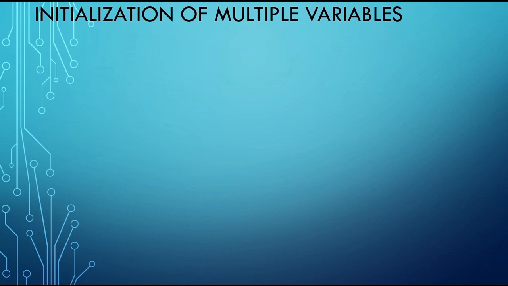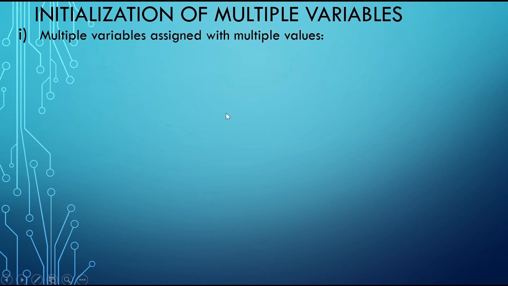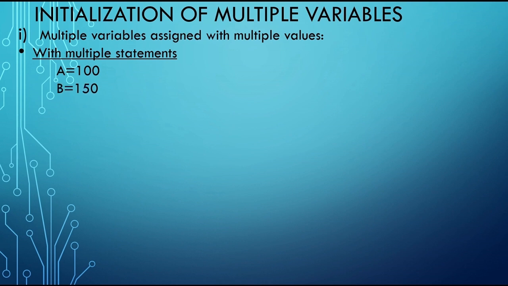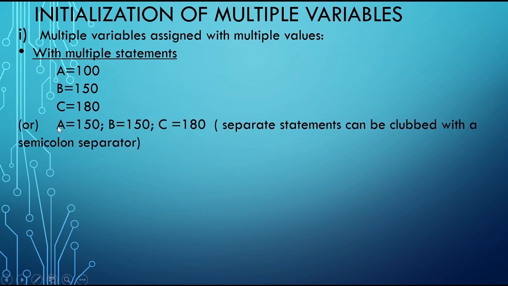Now, supposing multiple variables are to be initialized, there are two ways of doing this. If multiple variables are going to be assigned multiple values, we can use multiple statements, like a is assigned 100, b is assigned 150, c is assigned 180. So in different statements, I am assigning different values to different variables, which can also be written in one single line, with the statements separated by a semicolon.